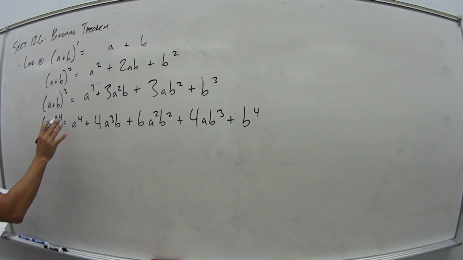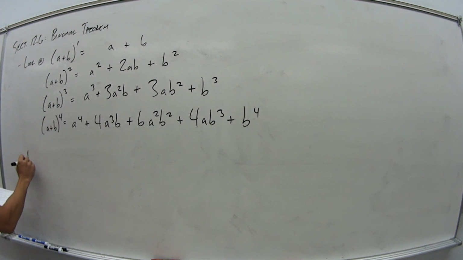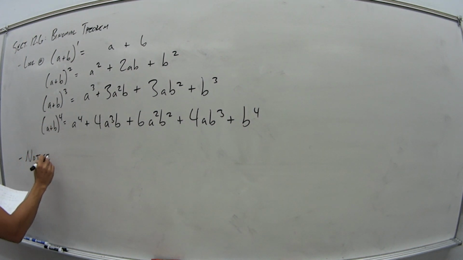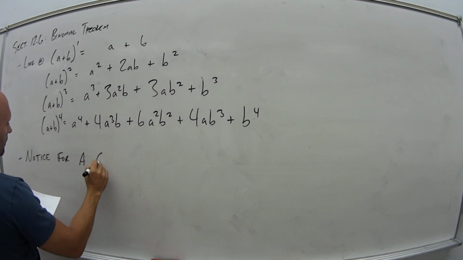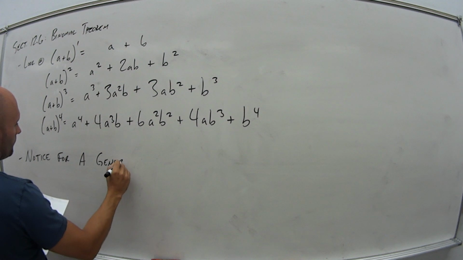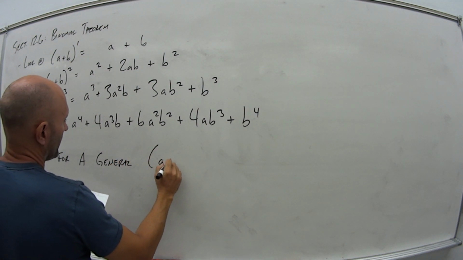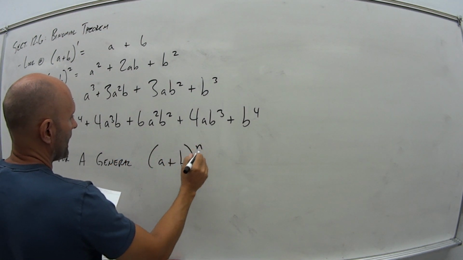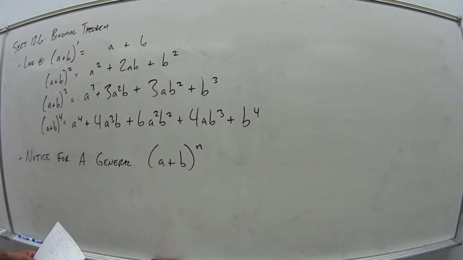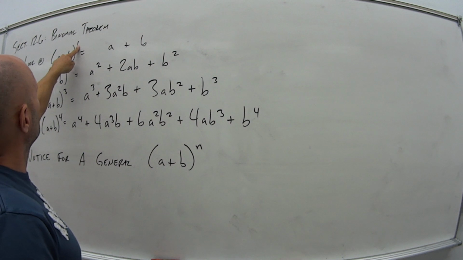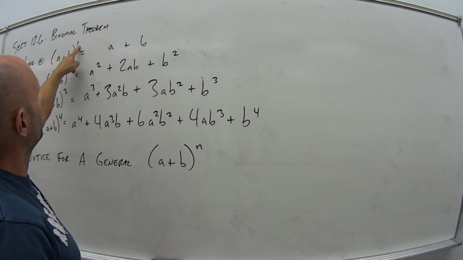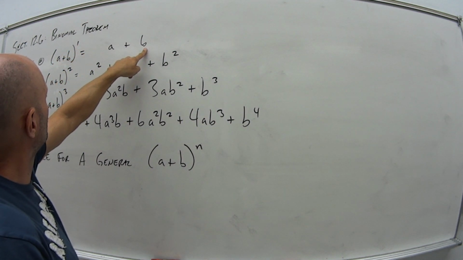So let's look at what's happening here. For a general binomial A plus B to the nth power, for the first one, how many terms do we have? 1, 2.